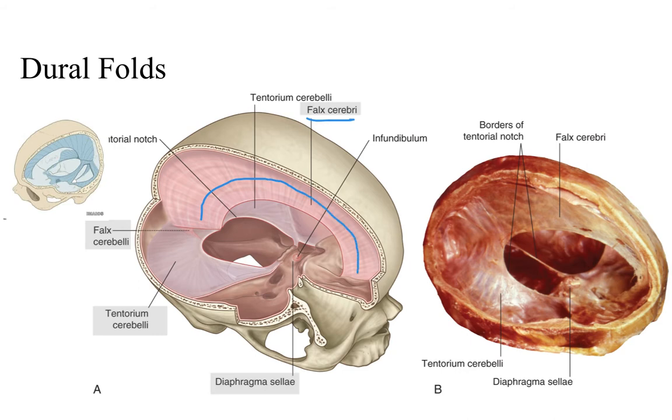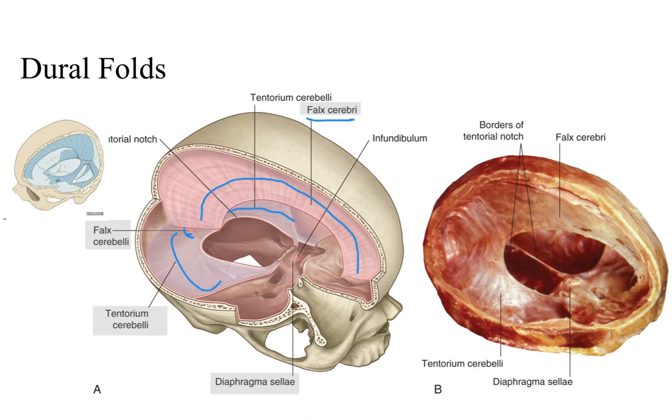We have the falx cerebelli, which is a dural layer that's between the hemispheres of the cerebellum, so it separates the two cerebellar hemispheres. We have the tentorium cerebelli. So what do you think that separates? The cerebrum from the cerebellum.